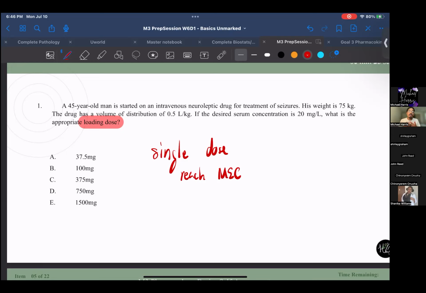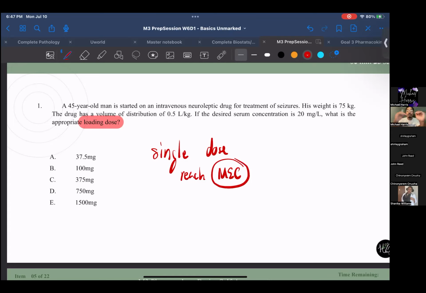If you're trying to figure out how much to give at one moment in time, do you think clearance is important? How fast you're peeing this thing out? No, it's not important. The reason why it's not important is because you're just giving one dose to reach minimal effective concentration.